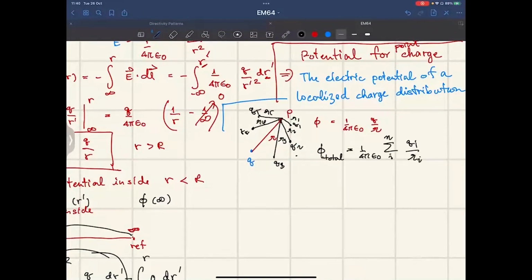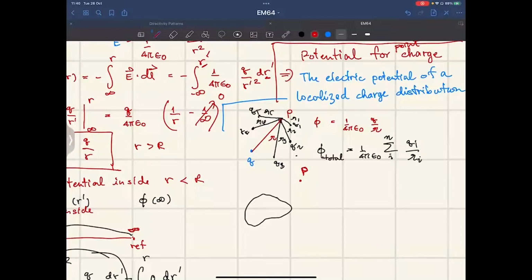How about if we have an object with some dimension? We want to find the potential at this point, again point P. How can we do it?